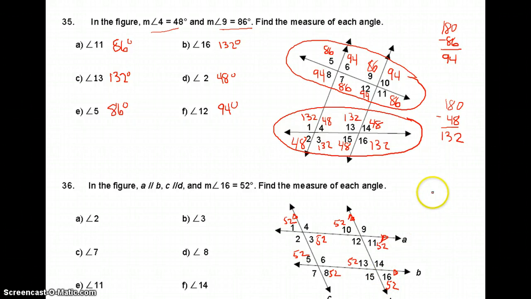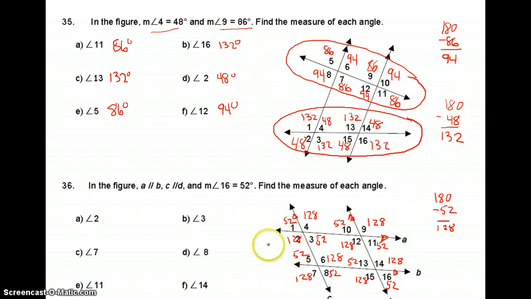And I just need to find my other angle. 180 minus 52 is 128. So this is 128, and 128, 128, 128, 128, here, here, and here.